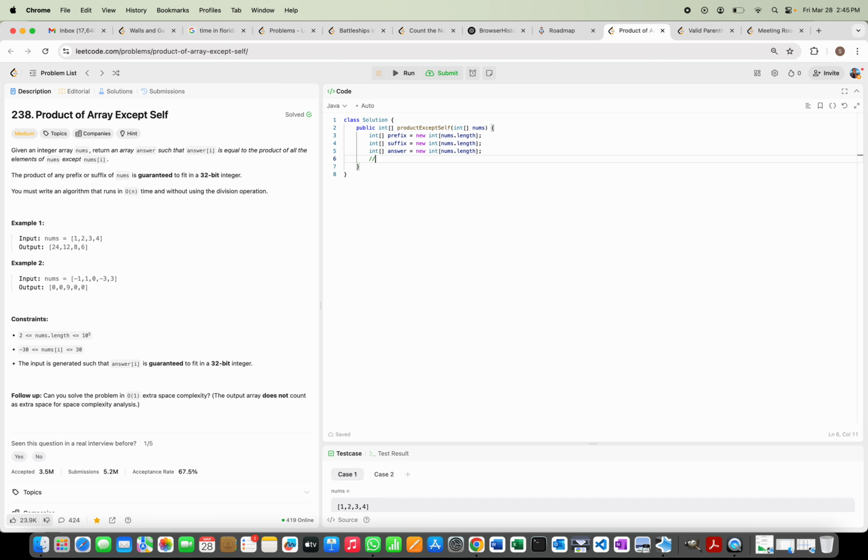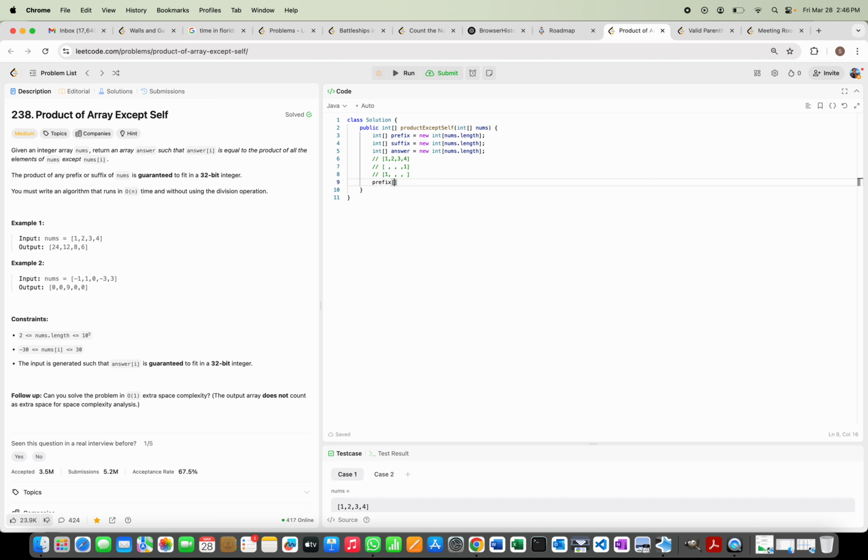So the very last element in the suffix is going to be a 1, because the product after 4 is 1. And then the product before, we're going to initialize it with a 1.